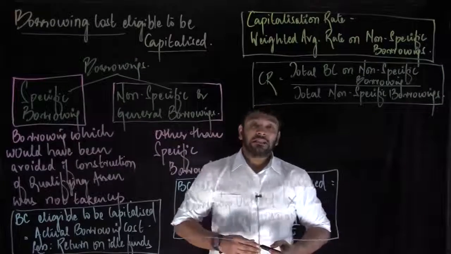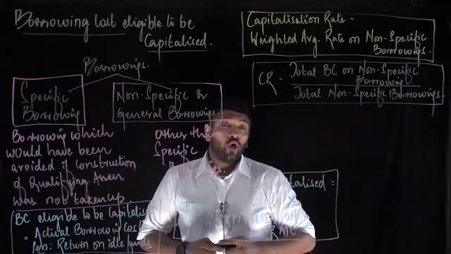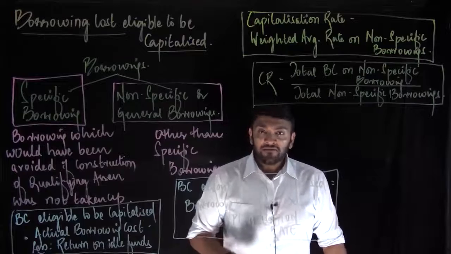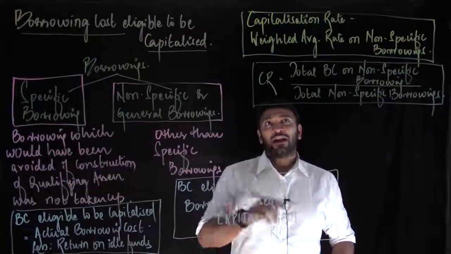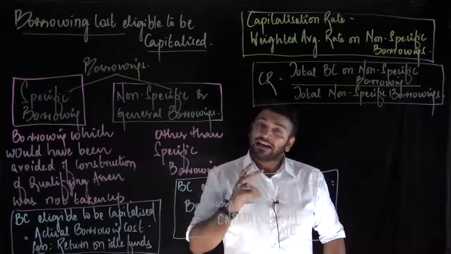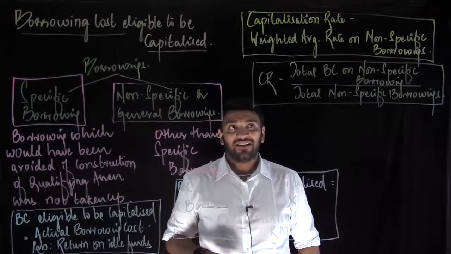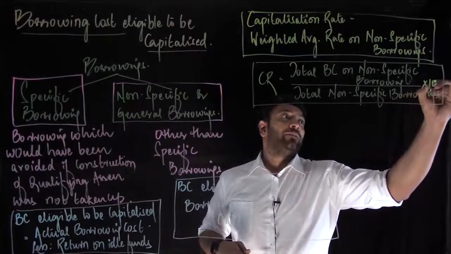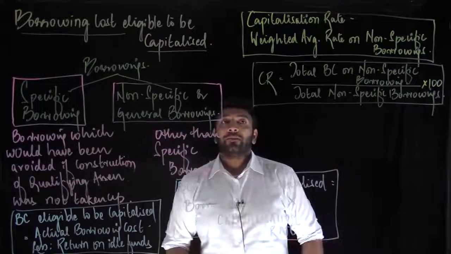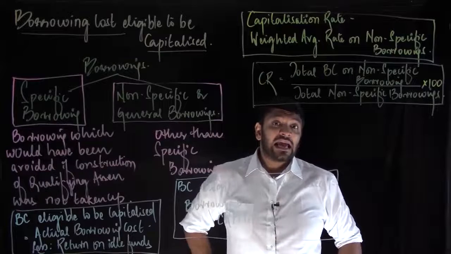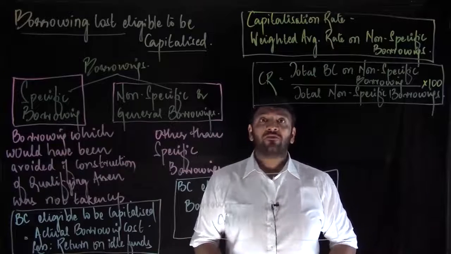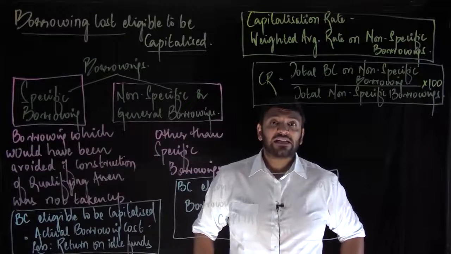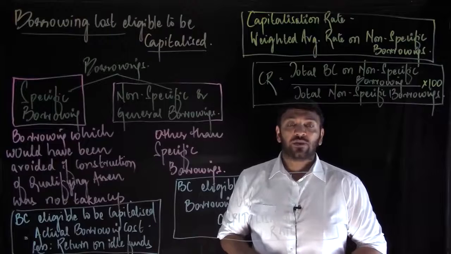Remember guys, this formula will hold good only if an enterprise has multiple non-specific borrowings. If the enterprise has only one non-specific borrowing, what is the weighted average rate then? The weighted average rate will be the rate of that particular borrowing. Here I am only talking about, multiplied by 100 because I am talking about rate. So here I am talking about the case where I have multiple kinds of borrowing cost or multiple non-specific borrowings, how will I identify the capitalization rate or weighted average rate, which can be indicated this way.